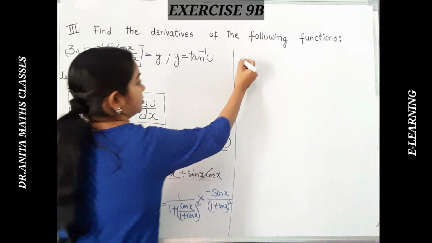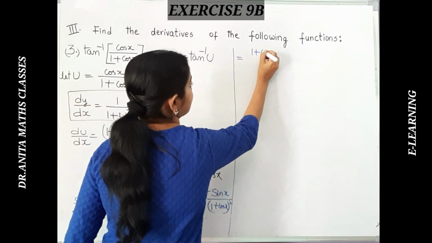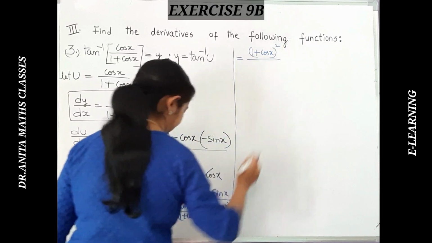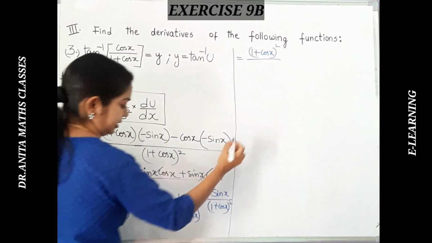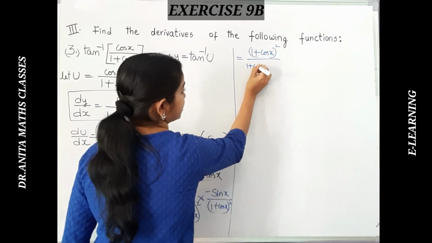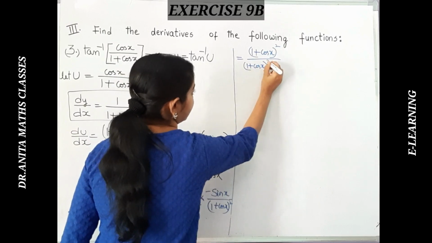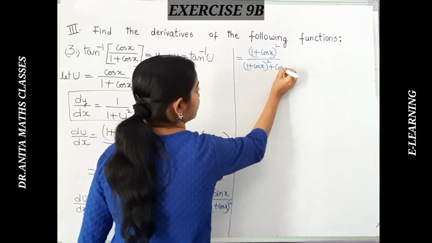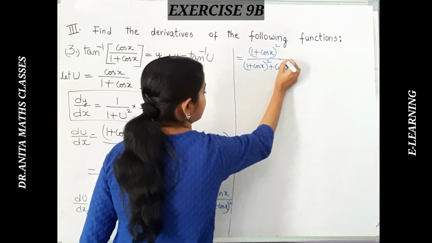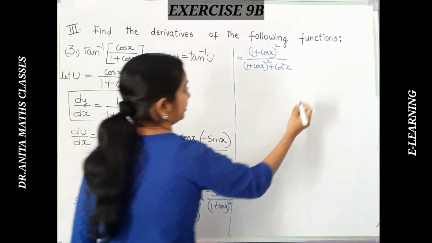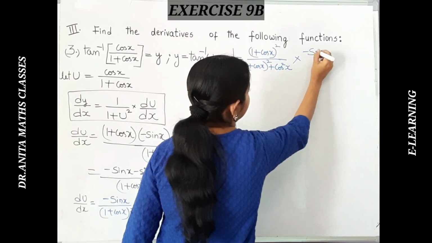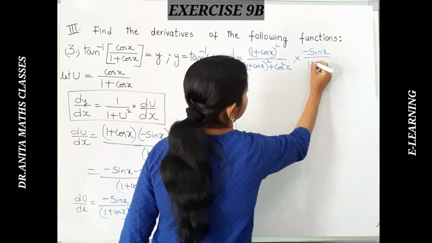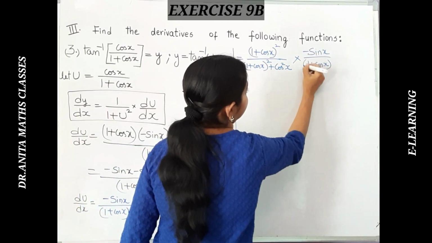That is the LCM part of this. Here you get again 1 plus cos x whole square for LCM plus sin square x, multiplied by minus sin x divided by 1 plus cos x whole square.